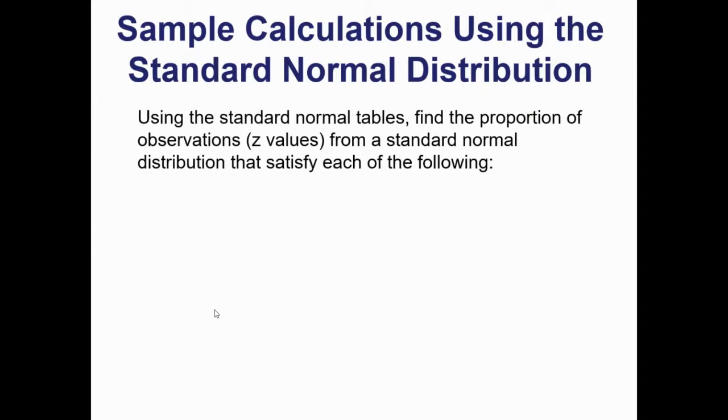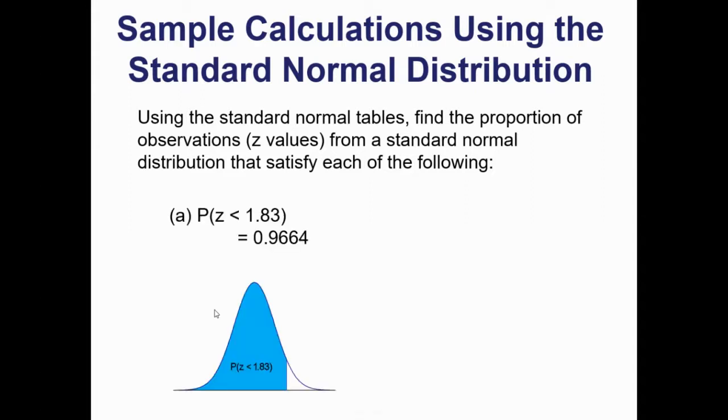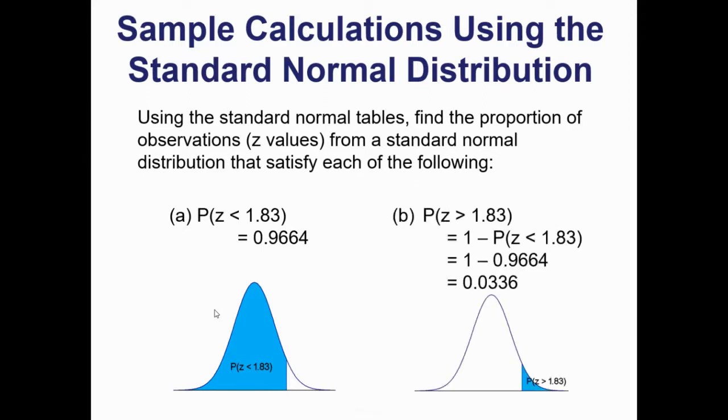So what did y'all get for part A? 0.9664. And what do we have to do to get part B? Okay, so subtract it from 1 on part B, and you get 0.0336.